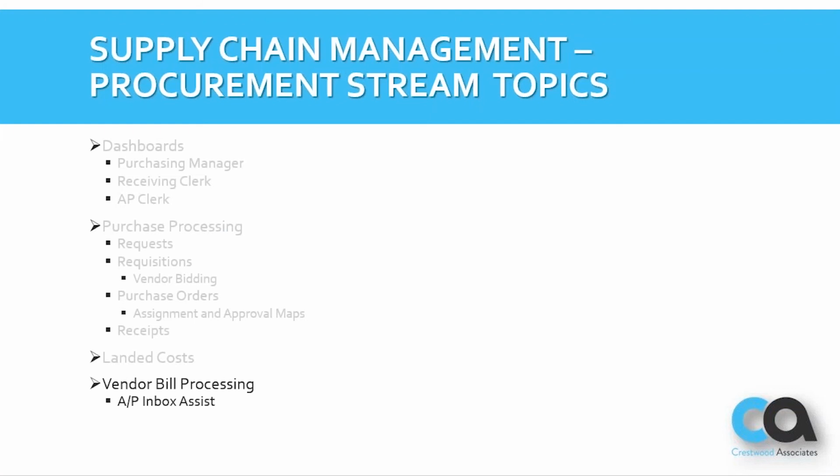And off the topic of the procurement stream, but on the topic of supply chain management, I just want to give a heads up regarding the revenue stream side of operations. That, let's just say, rumor has it that the customer portal in Acumatica, and the customer portal allows the ability for customers to look at their invoices and do some other things.